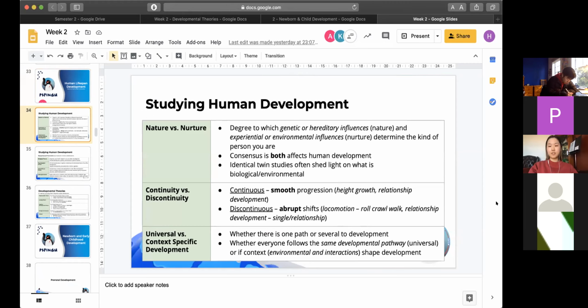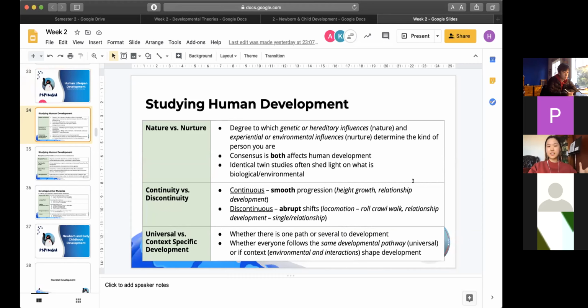Okay, so hopefully this got covered in your lecture this morning, but there's a few different ways that we categorize how we study human development. There's nature versus nurture. Basically, it's trying to understand whether it's genetic or hereditary influences, i.e. nature, or environmental influences, nurture, that determine the kind of person you are.